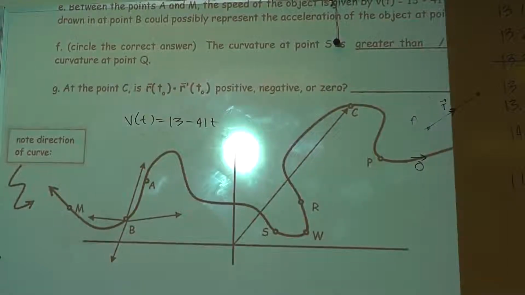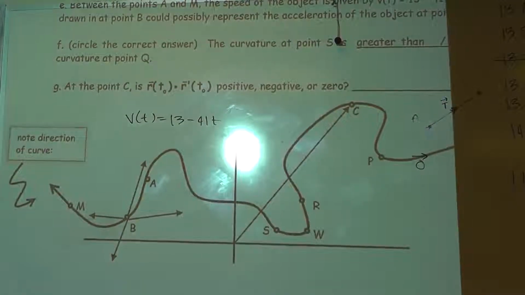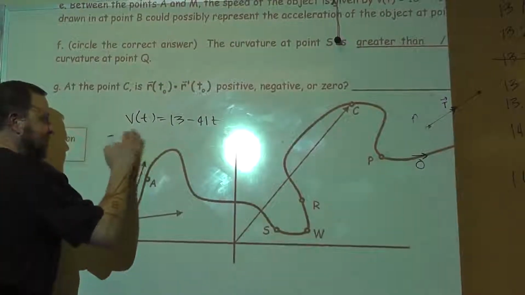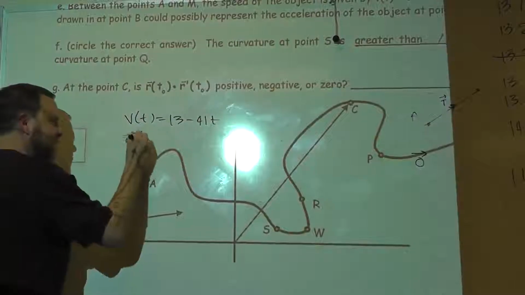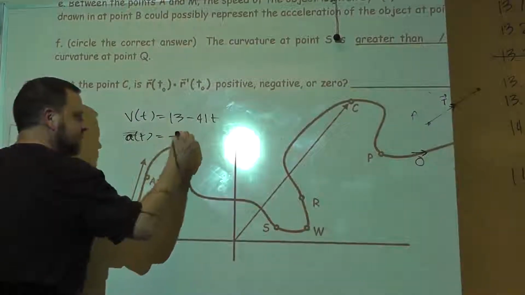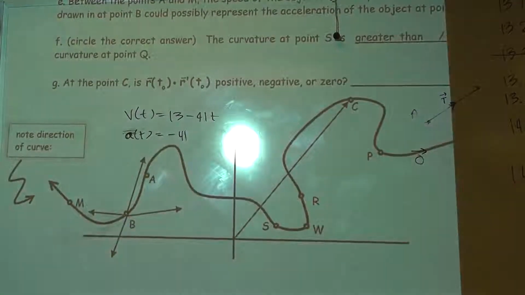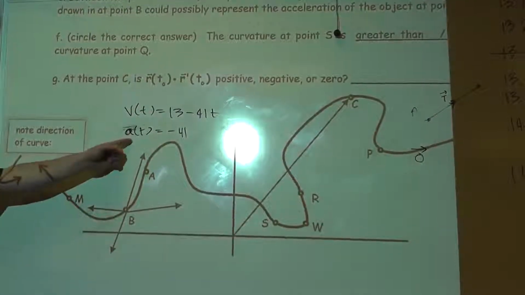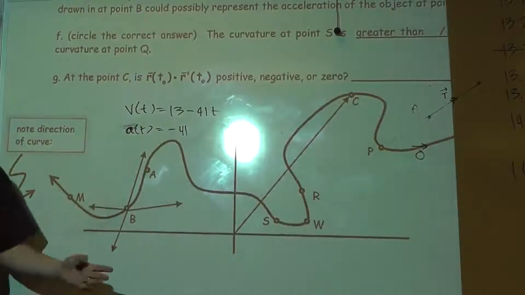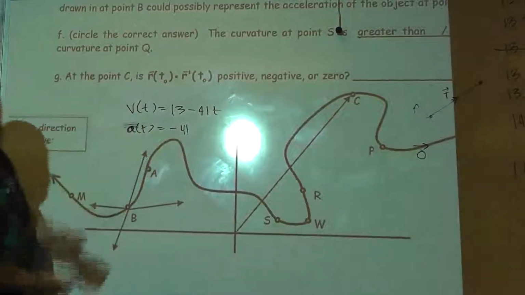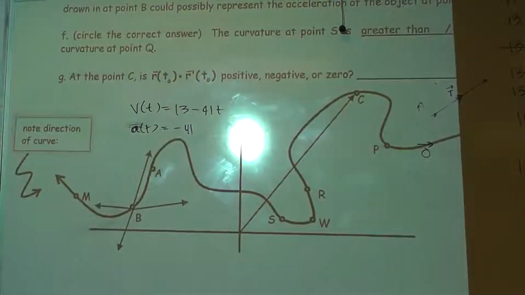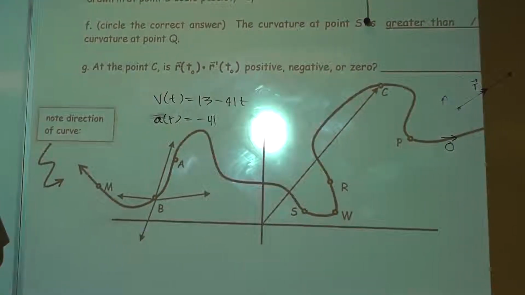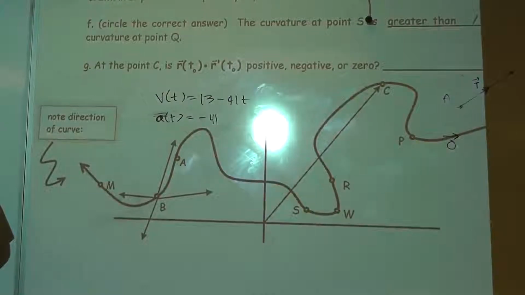Taking the first derivative gives you acceleration. Negative 41, you have constant acceleration going through from A to M. So if you have a negative acceleration, you should be slowing down. That narrows it down to these 2. It should be going against the orientation of the curve, the direction of the motion. So there's a 50-50 chance now as opposed to a 1 in 4 chance.